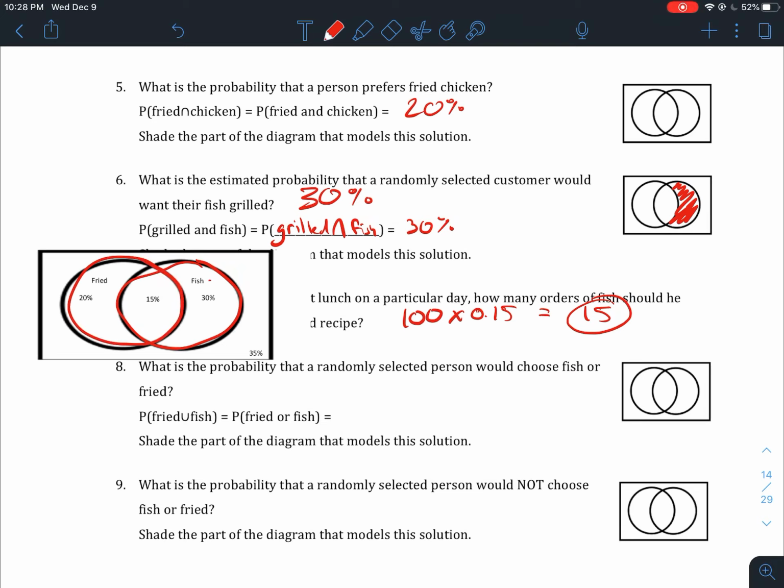So the chance of getting fish or fried is going to be the sum of all of those. You're going to do 30 plus 20 plus 15, which would be 65%. And it says shade the part that this represents. That would be that portion.